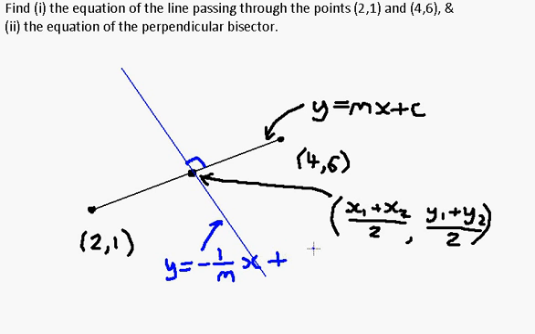I'm going to put this as a capital C because this C will be different to our original c. The capital C is where this blue line intersects the y-axis, and the lower case c is where our original line crosses the y-axis.